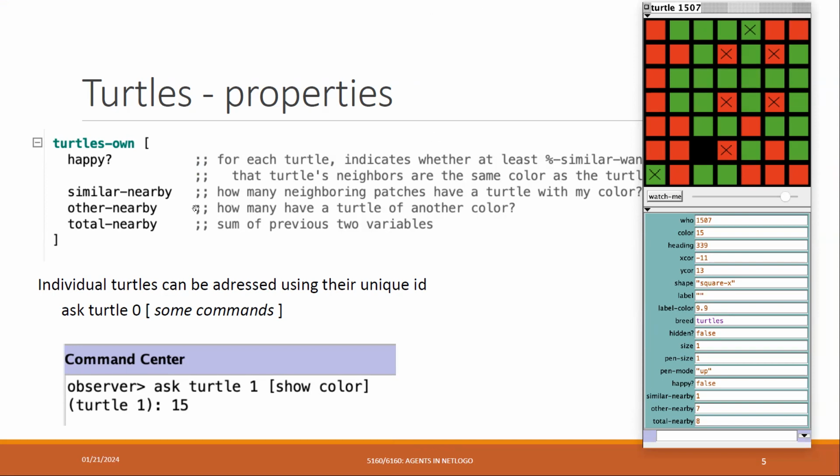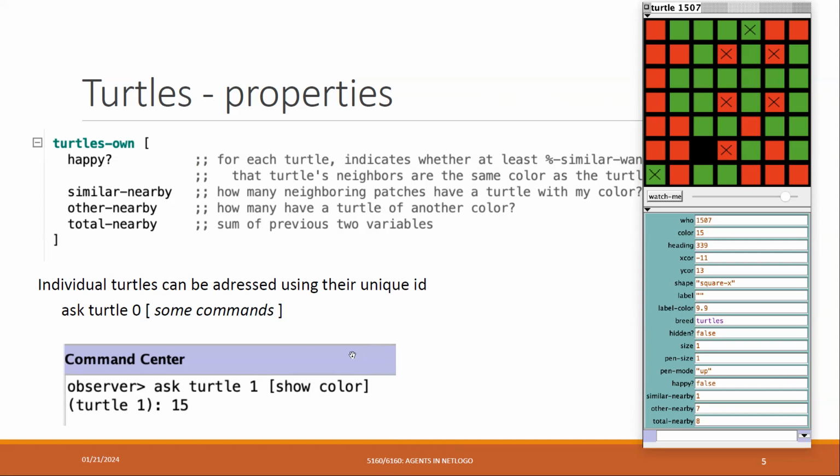So like happy? with a question mark. The question mark is used when you want to make Boolean variables. And then similar-nearby, other-nearby, and total-nearby. So now in the figure, you made 4 variables. And then here you can see there are 4 variables already added to each model, so you can check it in the NetLogo interface too.